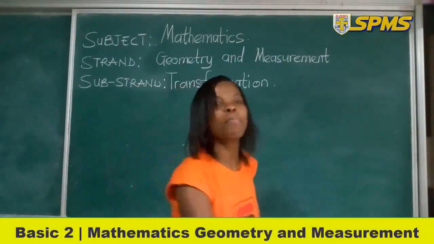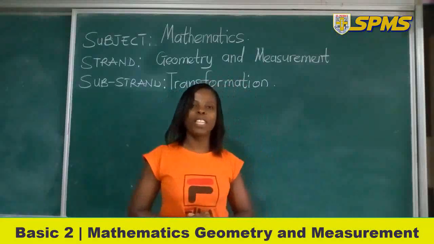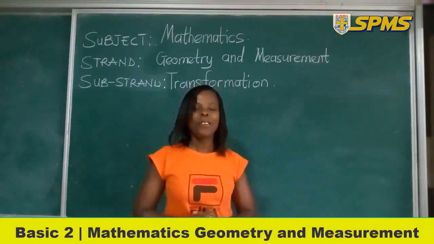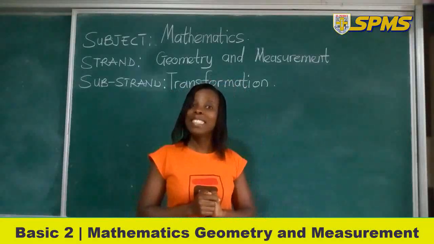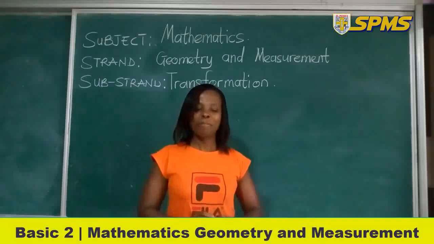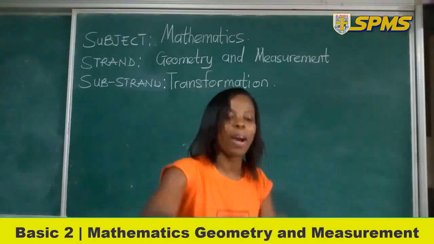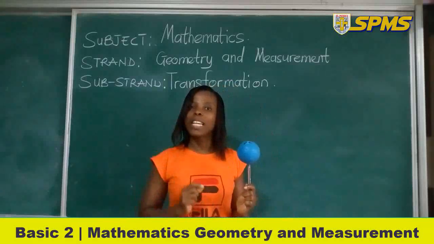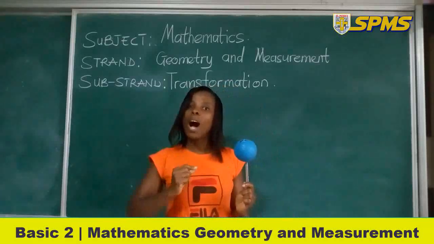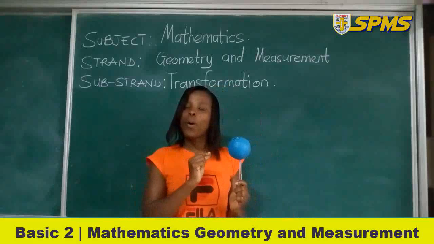What about the third type of transformation? Rotation. And what does it mean? I have my ball in my hand. You remember our keyword. We said rotation means to turn about at a fixed point.